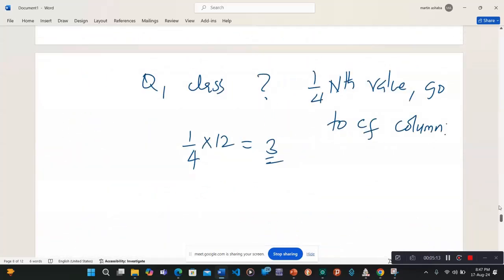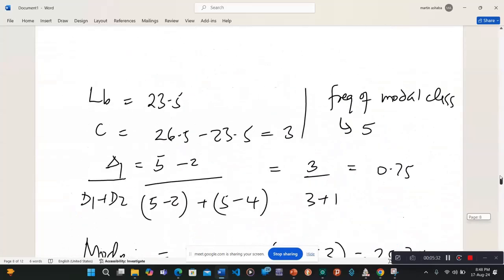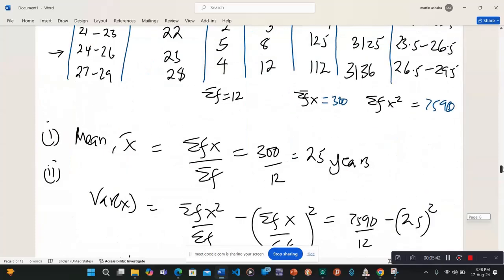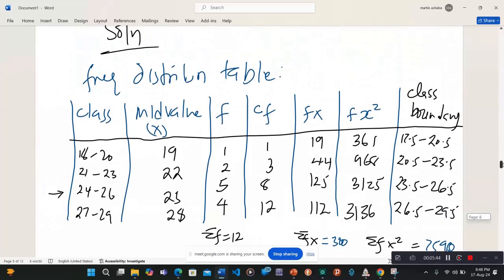So the Q1 class is 20.5 to 23.5. So what would that mean? The frequency has to be read off. So frequency is 2, and the cumulative frequency is 3.